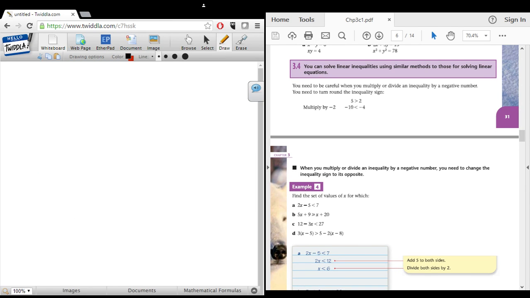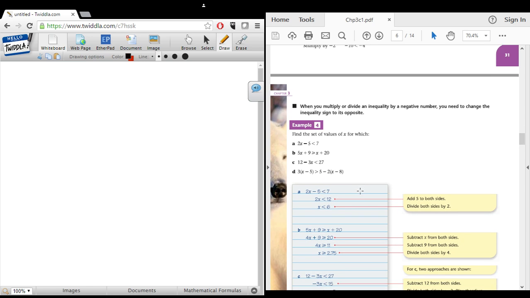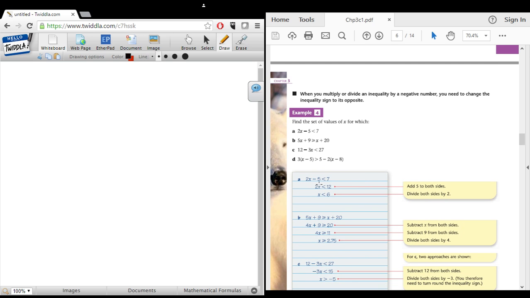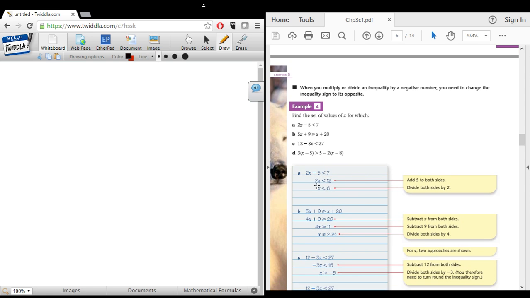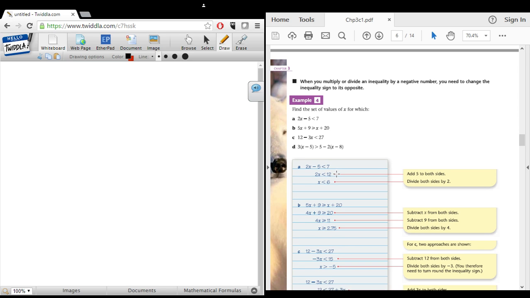So here's a set of examples that they've given you. So a, 2x minus 5 is less than 12. Literally all they've done is taken the 5 to the other side. Okay, same thing, they haven't multiplied or divided by anything at this point, and then they divided it by 2.